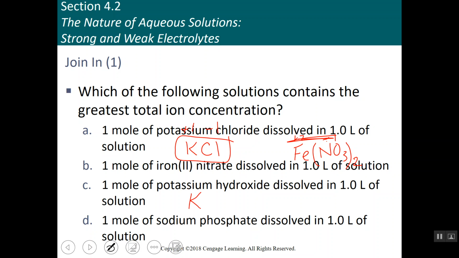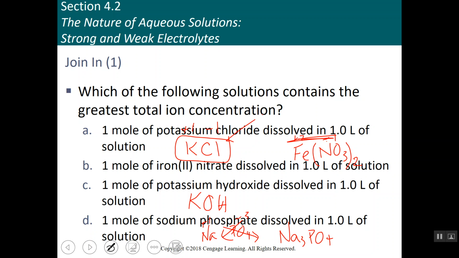Potassium hydroxide, potassium's a +1, hydroxide is a -1. That's the formula for potassium hydroxide. And then sodium phosphate, sodium's a +1, phosphate is a -3, and so if I cross those, I end up with Na3PO4. Now the question is, which of the following solutions contains the greatest total ion concentration? And so we're dissolving the same moles of each in 1 liter of solution.